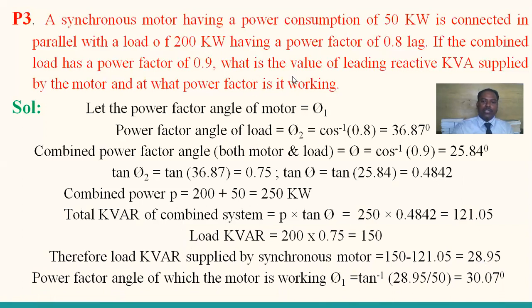And what is the value of leading reactive kVA supplied by the motor? The leading kVAR supplied by the motor is 28.95 kVAR, and it is also asked at what power factor it is working. The power factor angle at which the motor is working, phi1, is calculated from the leading kVAR divided by the active power.